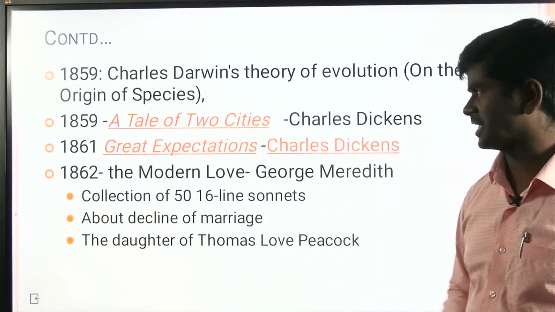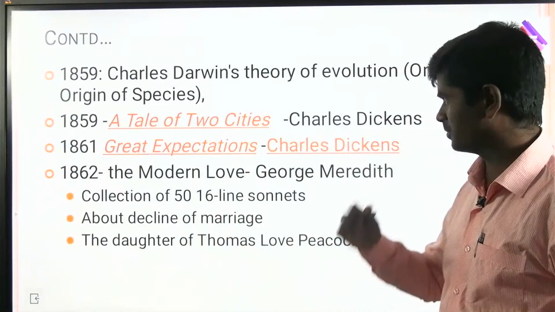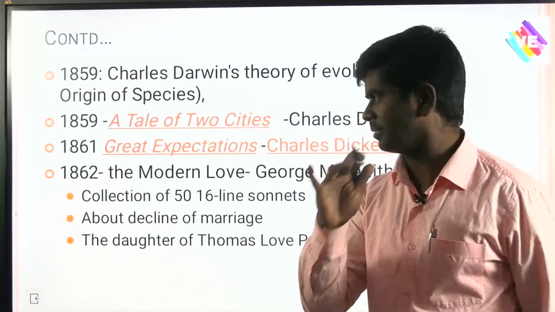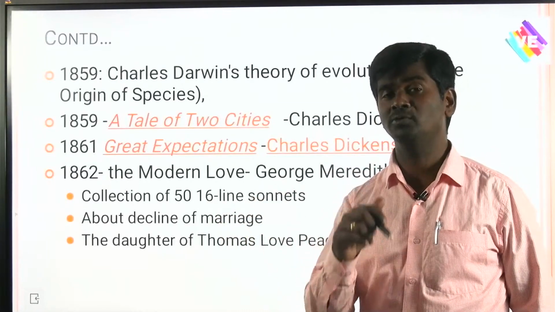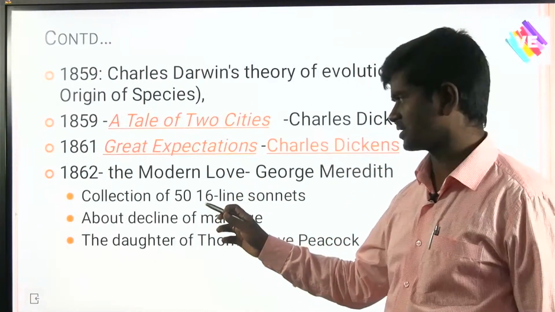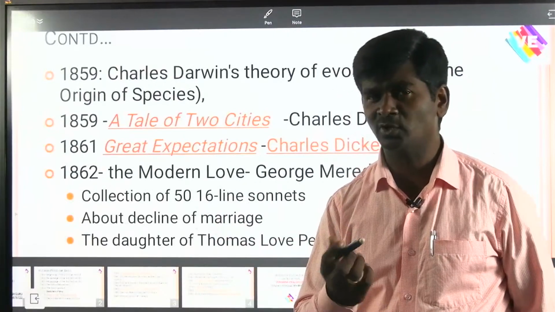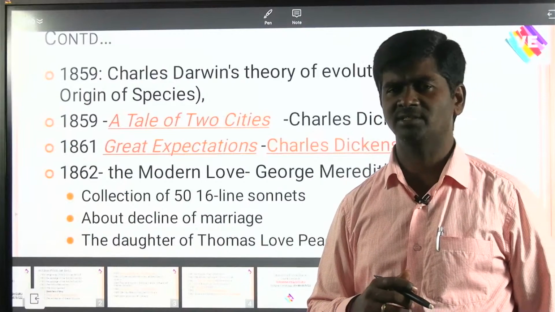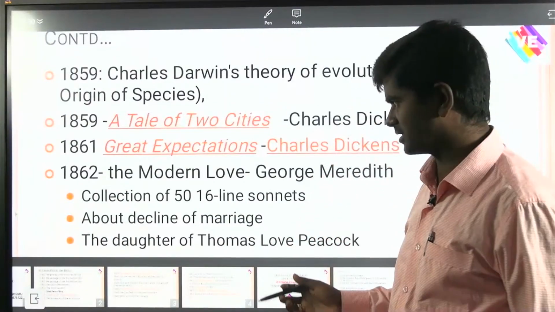Next, Great Expectations, Charles Dickens, 1862, Modern Love, very, very important one, composed by George Meredith, a very sensitive novelist of the Victorian period, and he is remembered not as a novelist, as the most important poet of the Victorian period. And this includes a collection of 50 16-line sonnets, created by George Meredith, 11 line and Gerard Manley Hopkins, 10 lines John Keats, 14 lines Shakespeare and other writers.